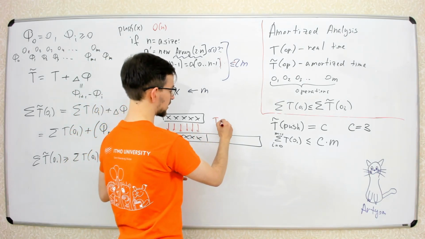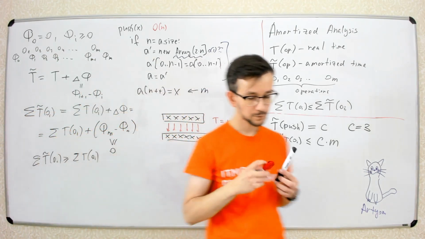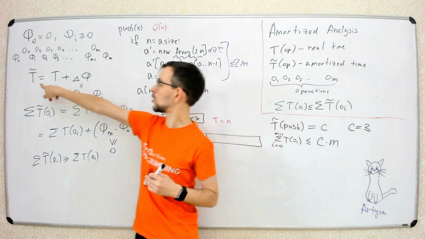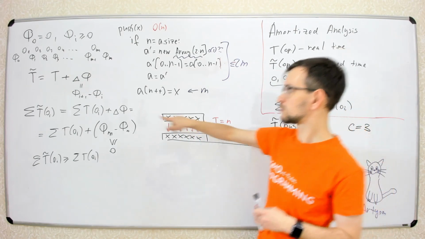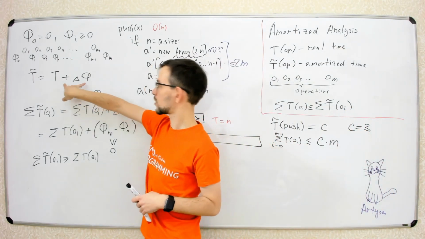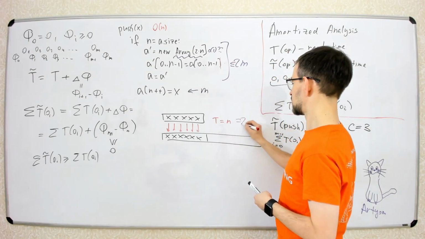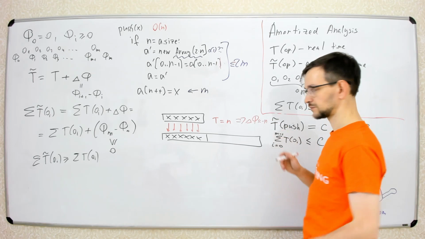We spend n operations to copy these elements. And we want this amortized cost to be small, where t equals n. So we want this sum to be small. So we want this change of potential to be about minus n.